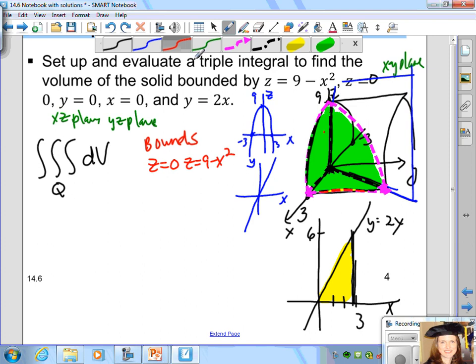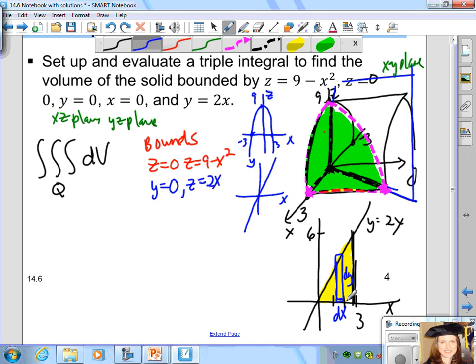And then when we look at the bounds for our x's and y's, we look at the 2D region, and you can draw a vertical rectangle here. So that would be your dy dx. And then your bounds for y would be the bottom y would equal the bottom of that rectangle, 0, to the top of that rectangle, y would equal that 2x.